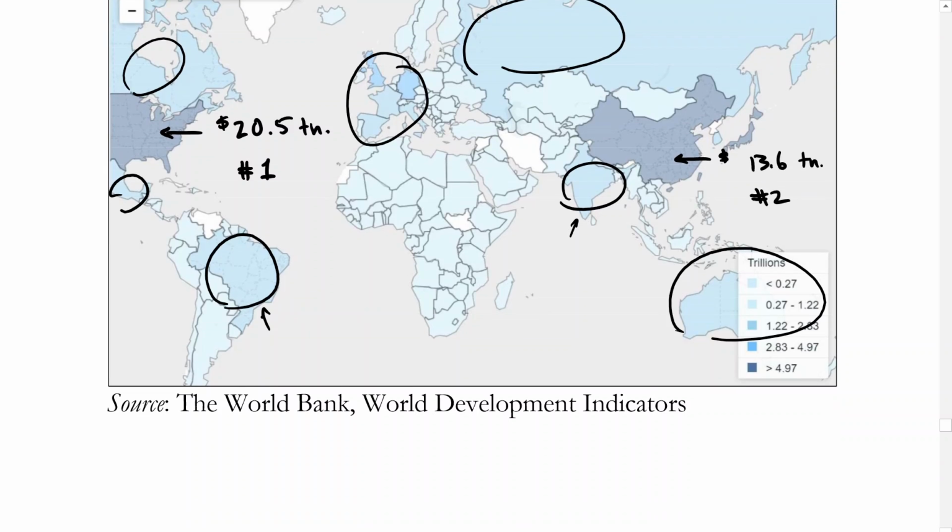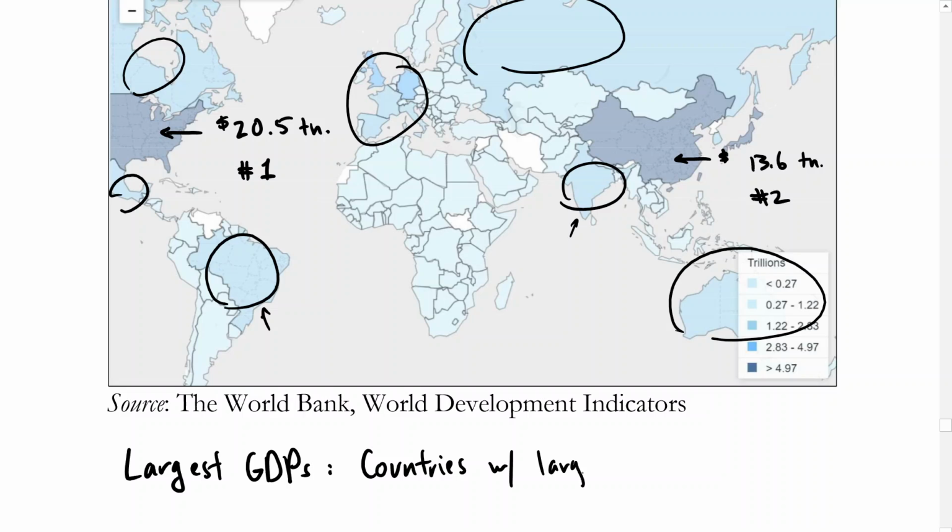So our takeaway from this: the largest GDPs are countries with large populations, both developed and developing countries, what we typically think of as developed and developing countries.